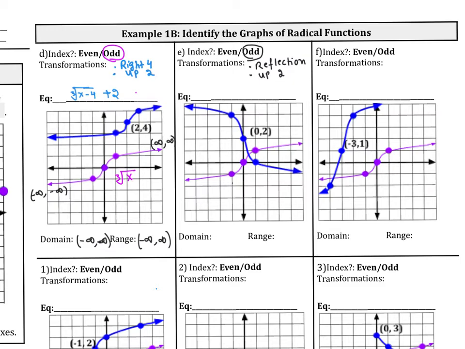So the graph that we are going to get is, first of all, a negative in front, then a stretch by 2, then the cube root of x, and then after that it's going to move up 2 units.